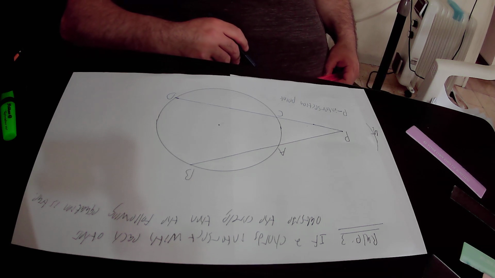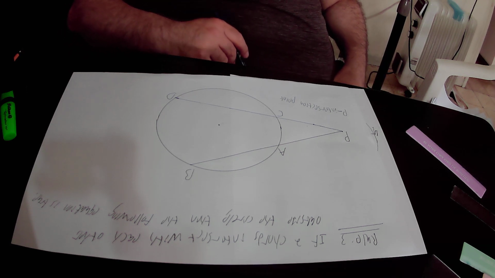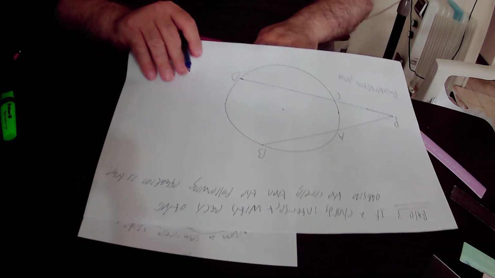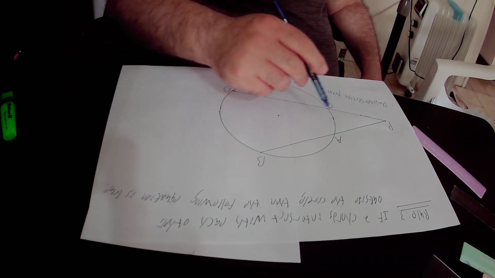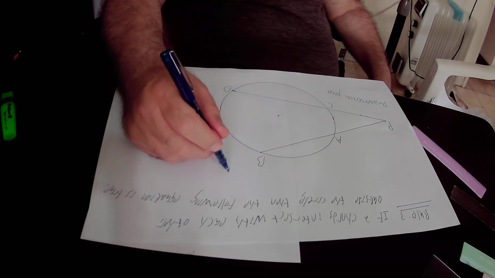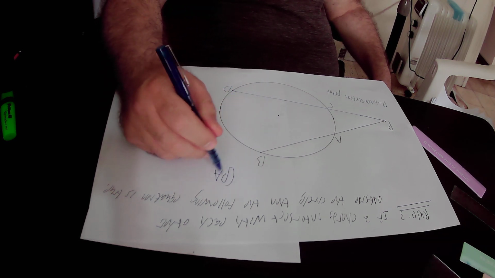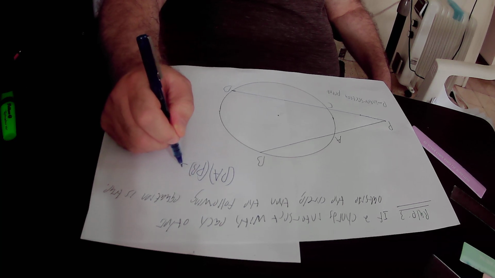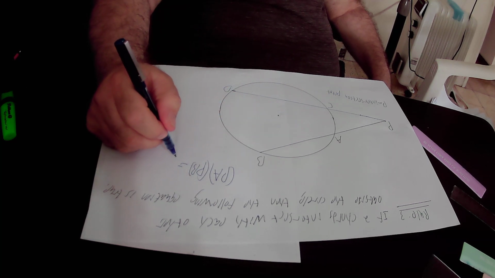So if this is the data that has been given to us, then according to rule number 3, PA times PB equals PC times PD.